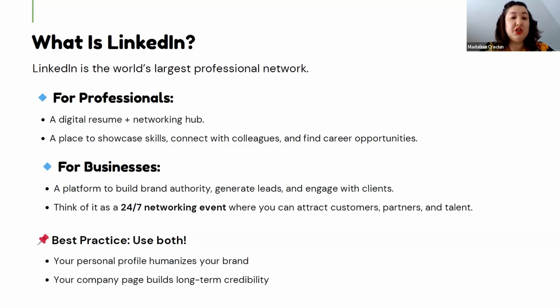Also, a place where you can showcase your skills, connect with colleagues, and find career opportunities. And for businesses, it is a platform that allows you to build your brand authority, generate leads for your business, and engage with clients. Think of it as a 24/7 networking event where you can attract customers, partners, and talent.